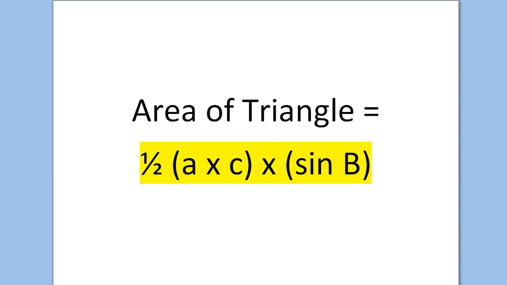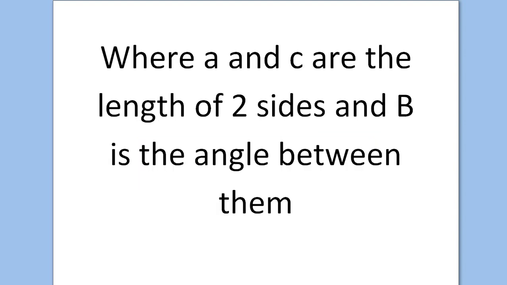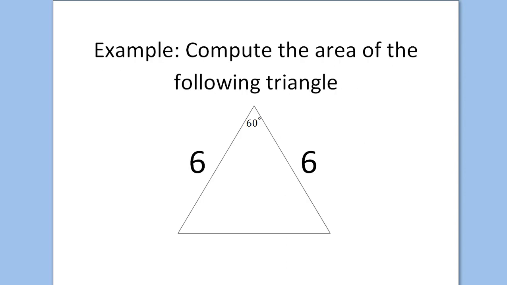Now that would be the angle opposite the side b, small b. So in other words, you've got two sides, a and c, and you've got an angle B between them. And that's all we need to know to apply the sine rule. So a and c are the length of two sides, and B is the angle between them.